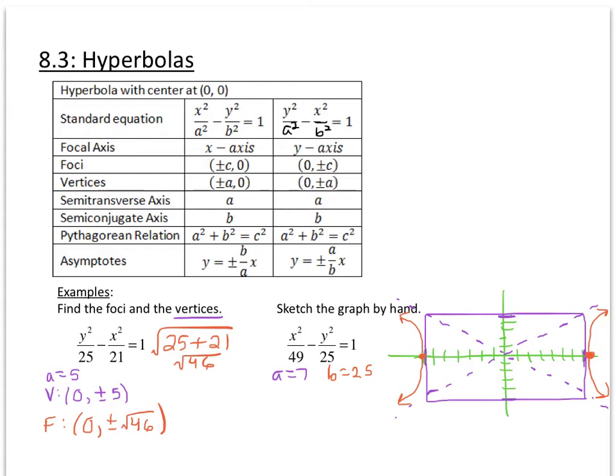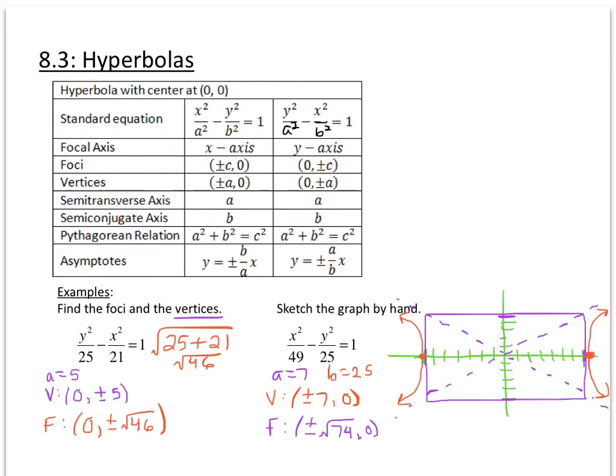So here's our vertex on that side. It goes toward our asymptote. And incidentally, if we wanted to say what our vertices were on this, we would have plus or minus 7, 0, and if we look at our graph, that's where those orange dots are that I graphed. I mean, we could do our foci as well. They'd be the square root of 49 plus 25, which is the square root of 74.